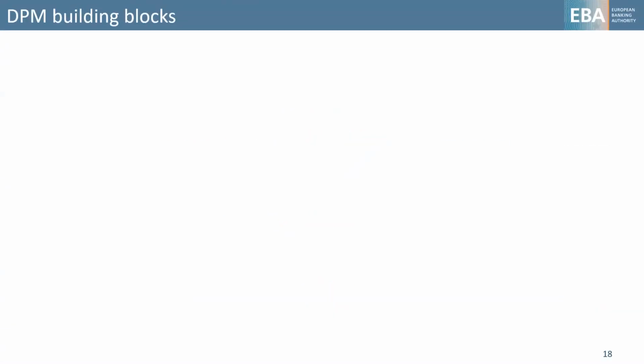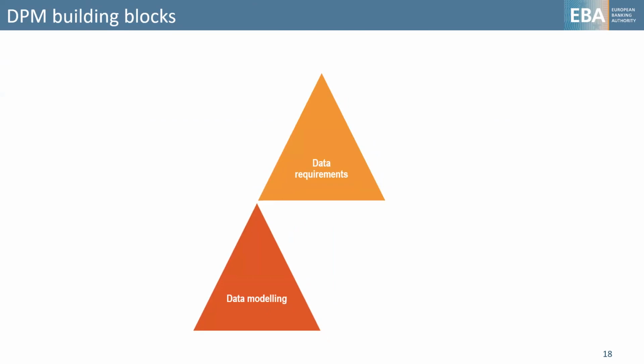The DPM built-in blocks. So what do we have in the DPM refit? We have, of course, the block to deal with definition of data requirements. I mean, defining the templates, basically the data sets. Then going deeper into the modeling, defining what exactly is the meaning of each individual variable or data point.